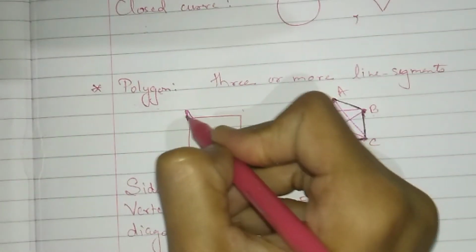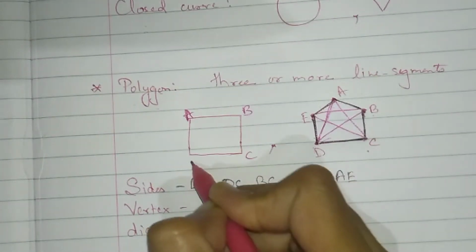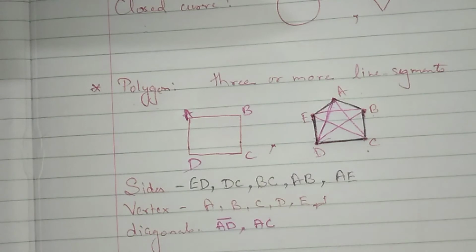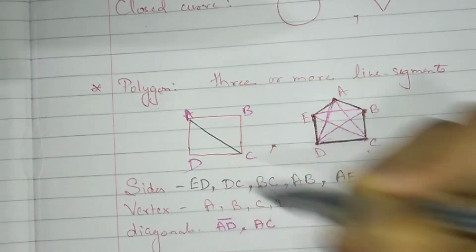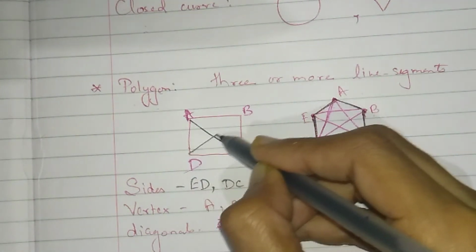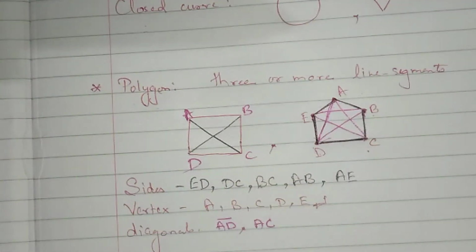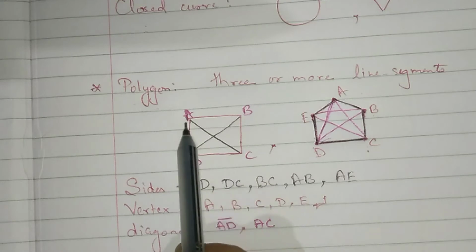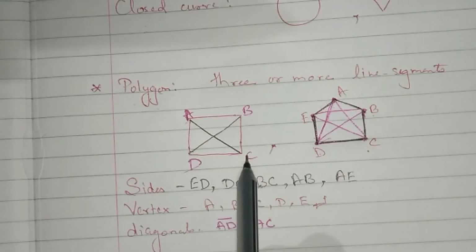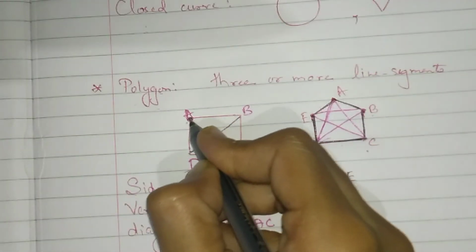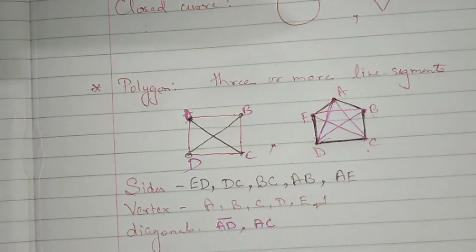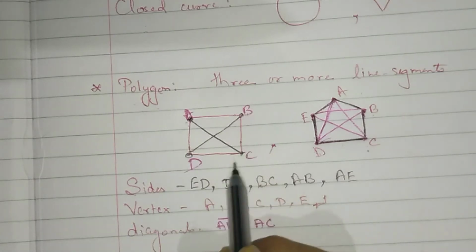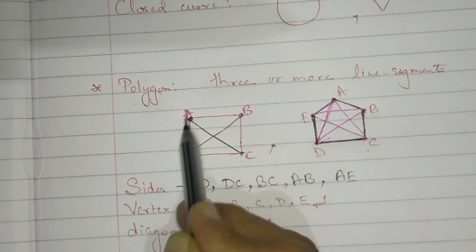Now if I give the names A, B, C, D here, which are the diagonals? AC and BD. And the vertices are A, B, C and D, and the sides AB, BC, CD and AD are the sides.